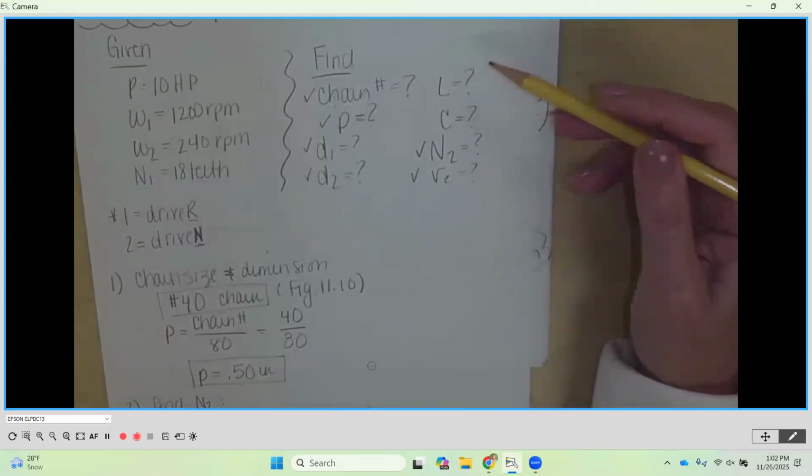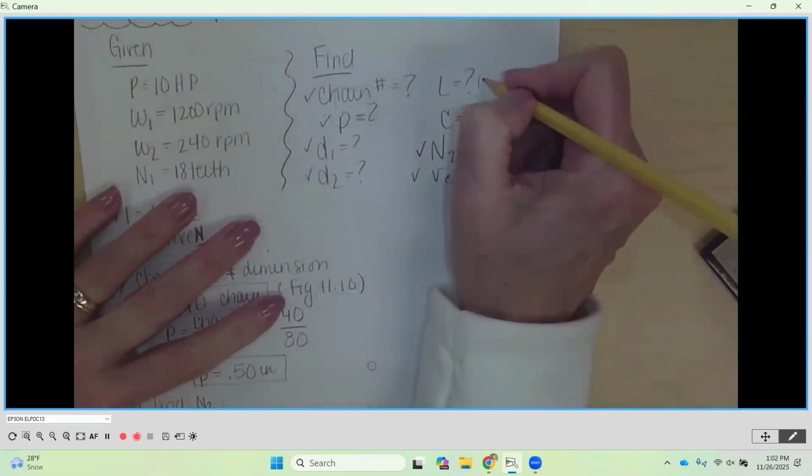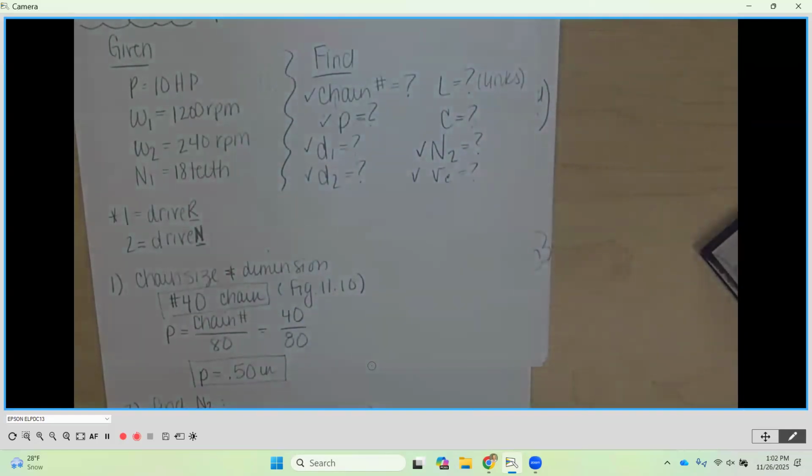Now, links. When we specify how long the chain is going to be, and I'm going to put links here, we are going to find out that when we get industrial chain, it's going to be in bulk. If you've ever gone to an Ace Hardware or a True Value and you need to replace chain, you go to the back of the store usually, and they have their chain on spools.